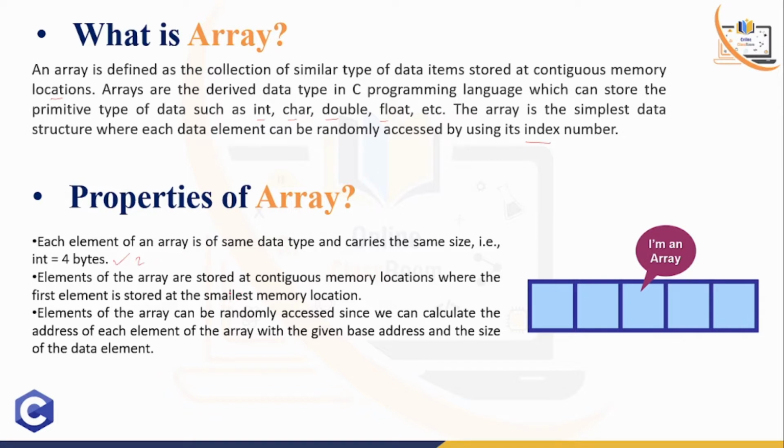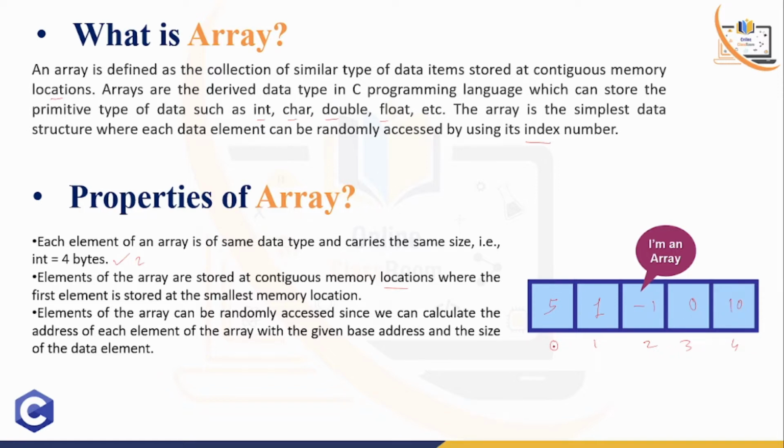Now, I already said that they are stored in contiguous memory locations. It means that array index locations always start with 0. Suppose the index values are 0, 1, 2, 3, and 4. At index value 0, suppose I entered 5, here 1, here -1, here 0, here 10, like this.